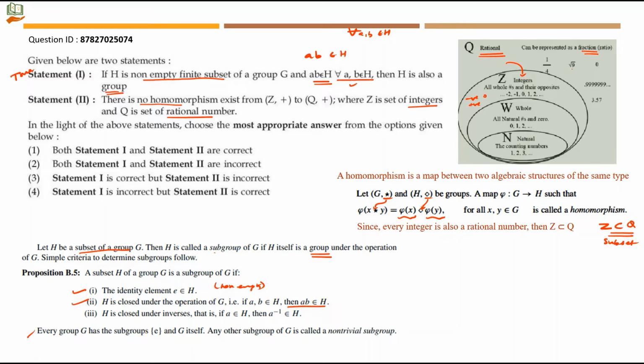It means there is no mapping. They have given addition operation under integers to addition operation under rational numbers. When I say 1 plus 1 is equal to 2, is it a part of Q? Yes. So there is a mapping. When they say Z is a subset of Q, it automatically means there is a homomorphism.